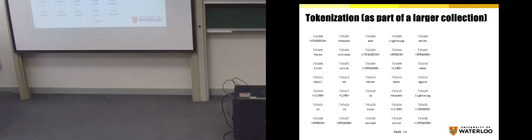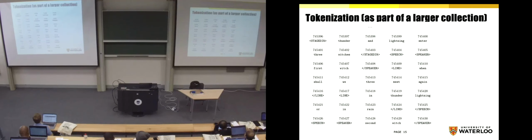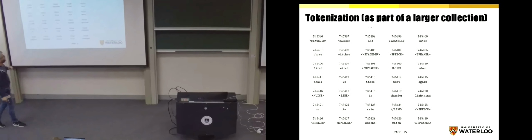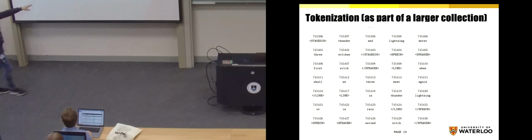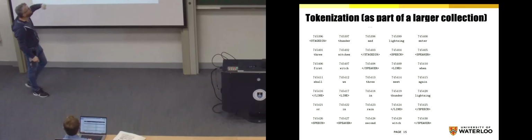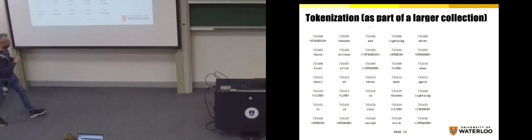Okay, so think of all the words in Shakespeare laid out one after another, and I'm going to give each word a number, starting at 1. Actually, you'd think starting at 0 because it's computer science, where you start everything at 0, but I tend to use 0 to mean this is the start of the data. So I think this is starting at 1. So rain, second. Every single word in Shakespeare has been given a number.